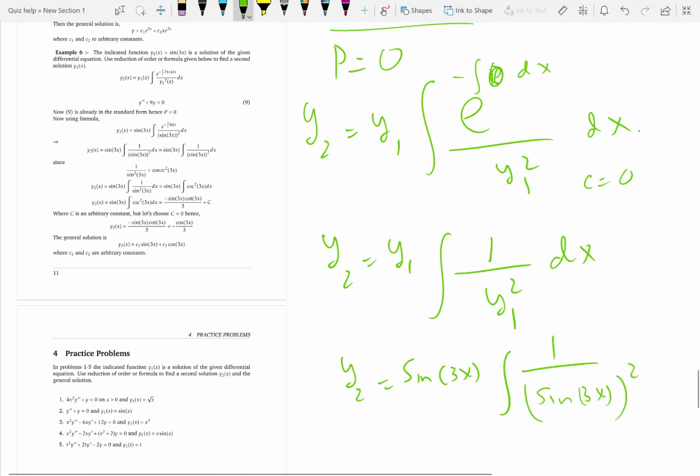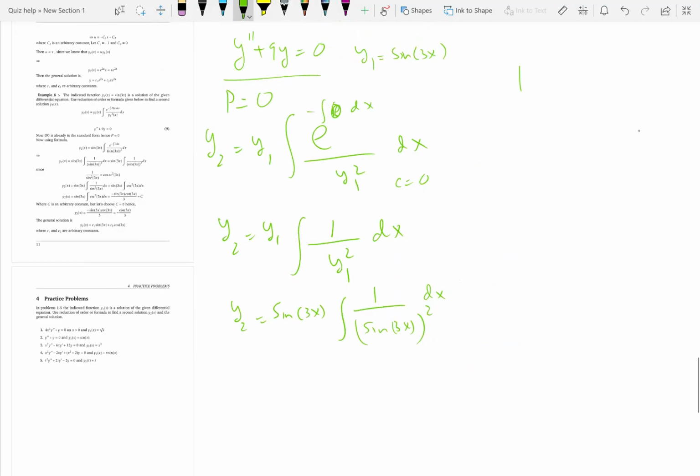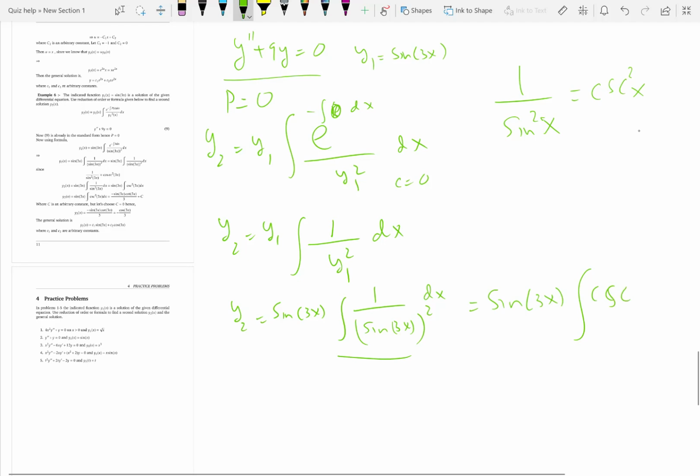So this is everything squared. How can we integrate this term? Well, 1 over sine means what? 1 over sine x is actually cosecant x. So 1 over sine squared is cosecant squared x. So this term is sine 3x outside, and the integral of cosecant squared 3x.